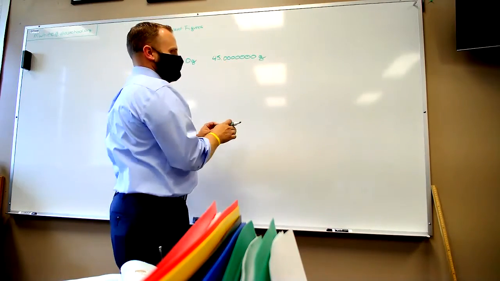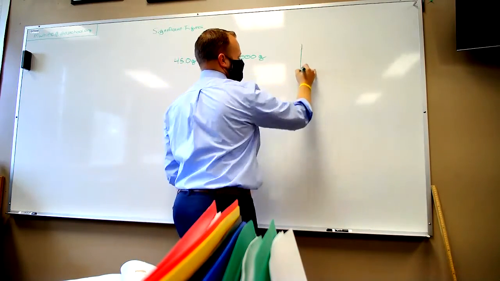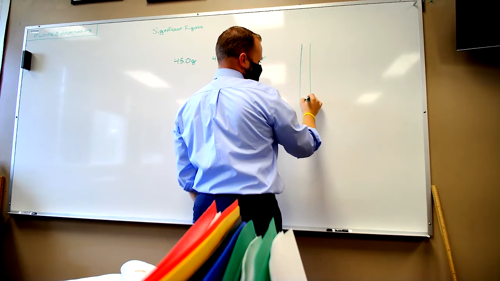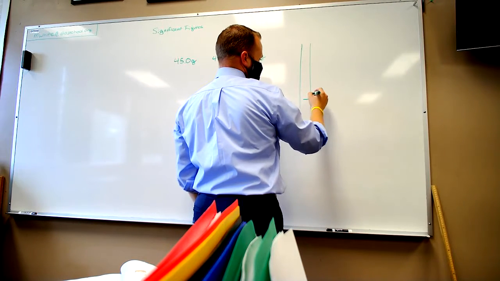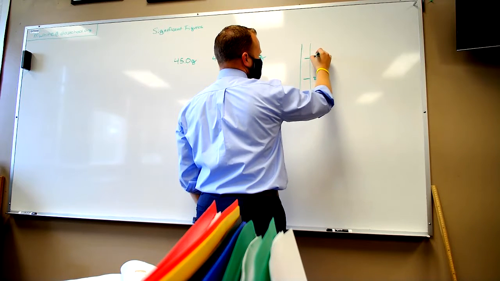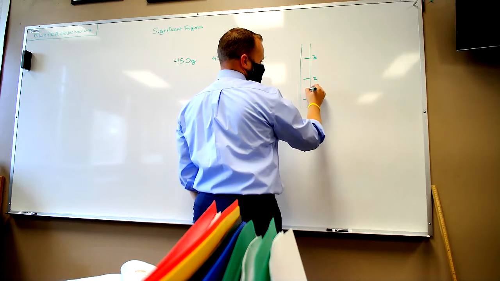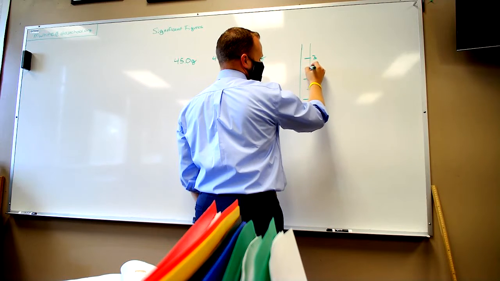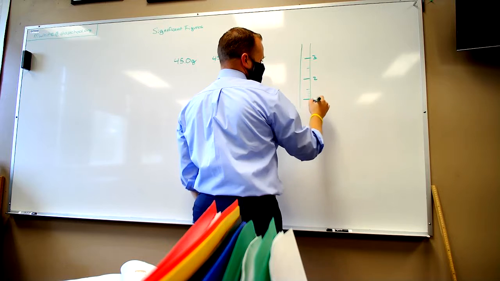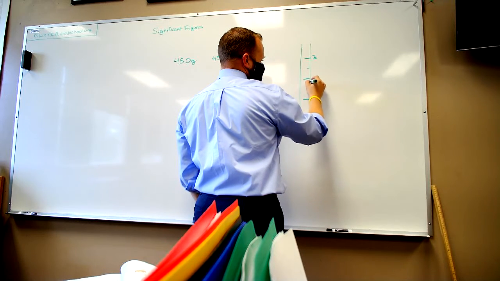So if we were to be measuring something, and let's say this is 1, 2, 3, and we probably have a half line, and those aren't exactly even, but we'll deal with that.